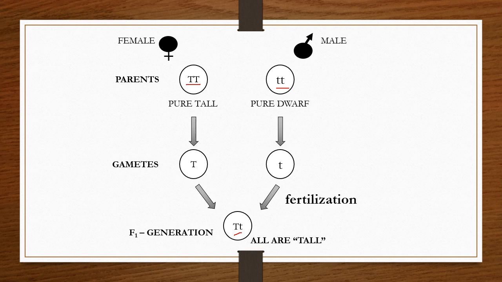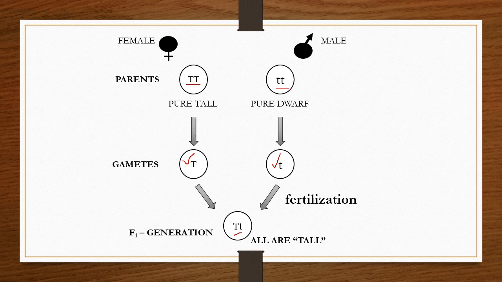So the gamete with capital T carries the tall character, and the other gamete carries the dwarf character. During fertilization, the pair condition is restored. After fertilization, the F1 generation is formed with capital T and small t.